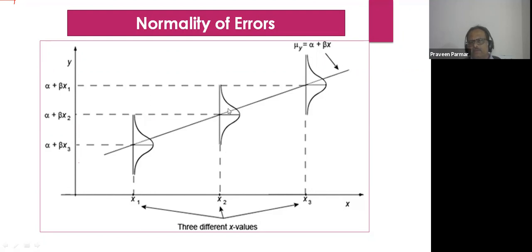Here it may be different, but the variance should be the same. The error variance should be constant. If you see, I have 3 different x values, with mean 0 taken, and we get the error variance.